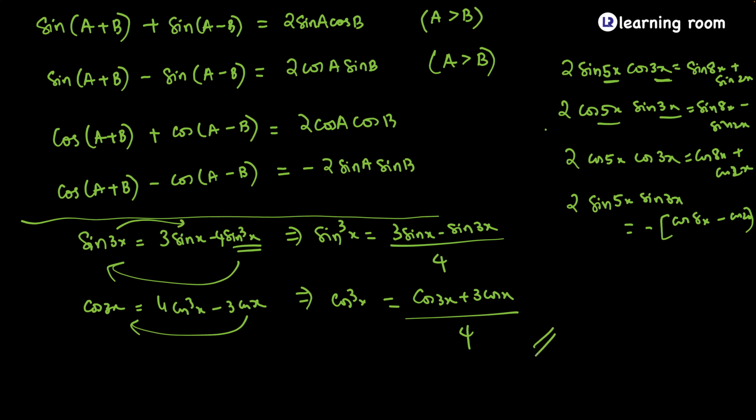Every problem, what are we doing? If the power of the trigonometric ratio is greater than 1, you're trying to write it in terms of trigonometric functions whose power is 1, because we have direct formulas for them. Am I right? So that's the idea. You have to break it.